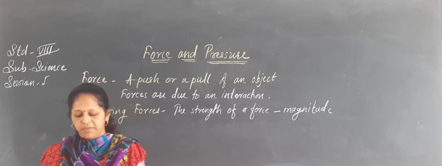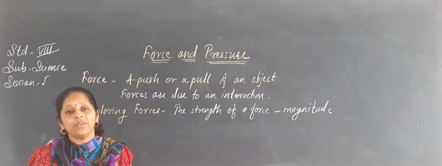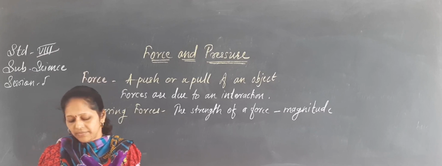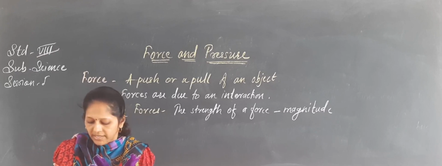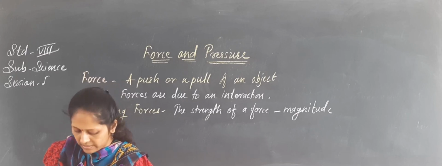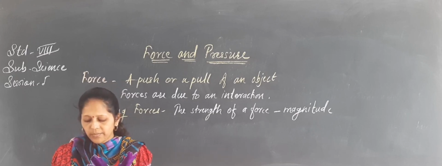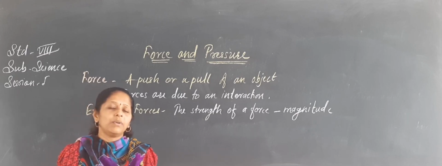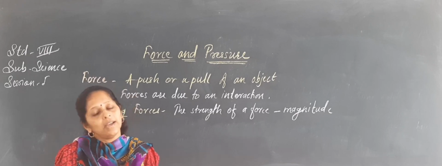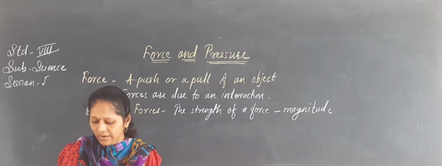Recall everyday experience. Whenever you are playing football or hockey, what do you do to make the football move? When we kick the football, then only it is able to move faster. The more forcibly you throw the ball, the more speed it gets.